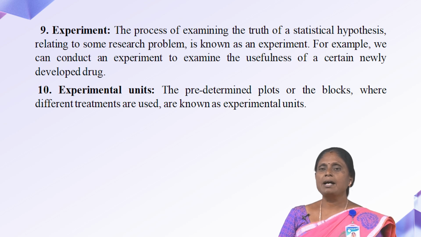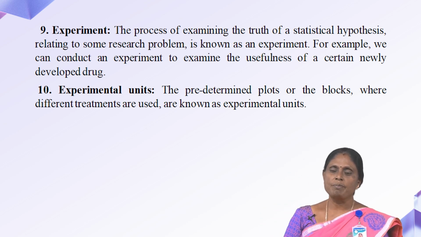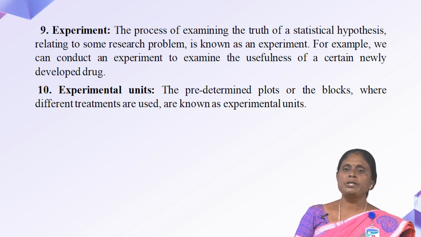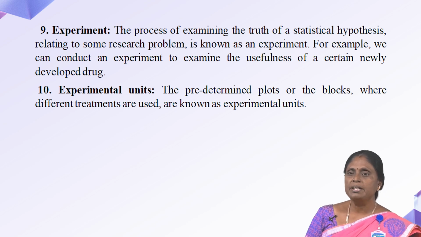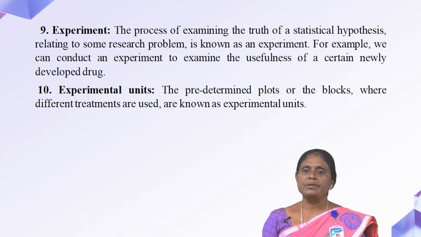Next, experiment. It is the process of examining the truth or fact of a statistical hypothesis. The statistical hypothesis relates to some research problem. It is also known as an experiment. For example, we can conduct an experiment to examine the usefulness of a certain newly developed drug. Experiments can be of two types: absolute experiment and comparative experiment.